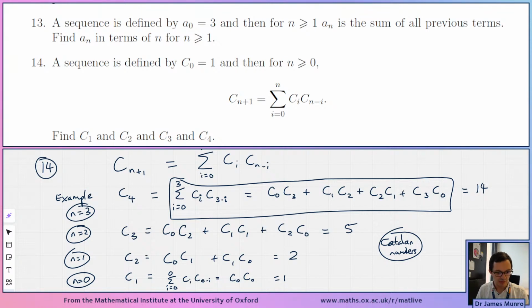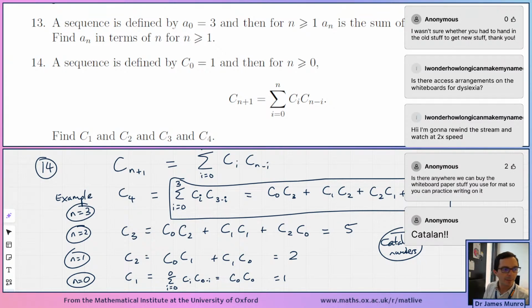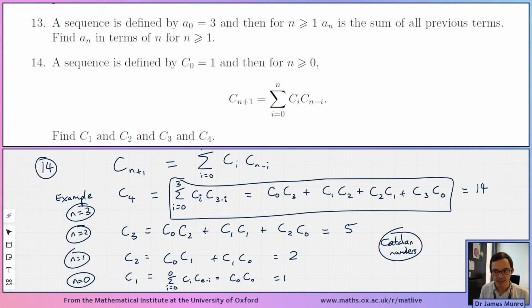The system is that you can replace them. So you can ask, we're going to put this on the screen as well. The system is that you have to hand in your whiteboards to get more whiteboards. There is not an unlimited number of whiteboards in the world. That's the system. Okay, that's 14 Catalan numbers.